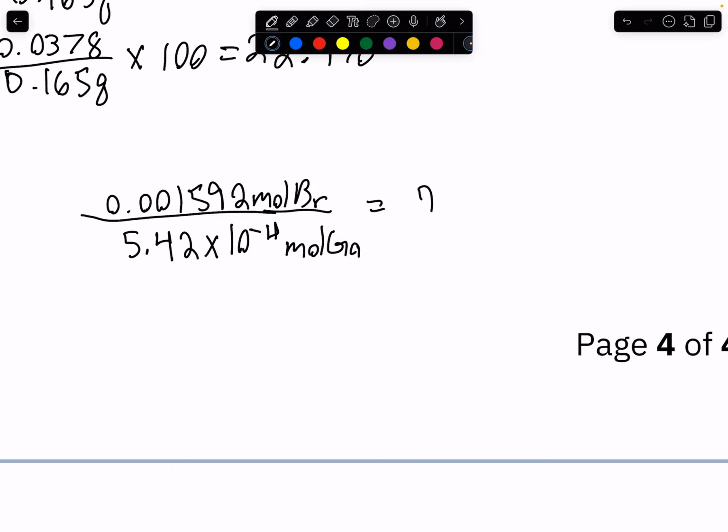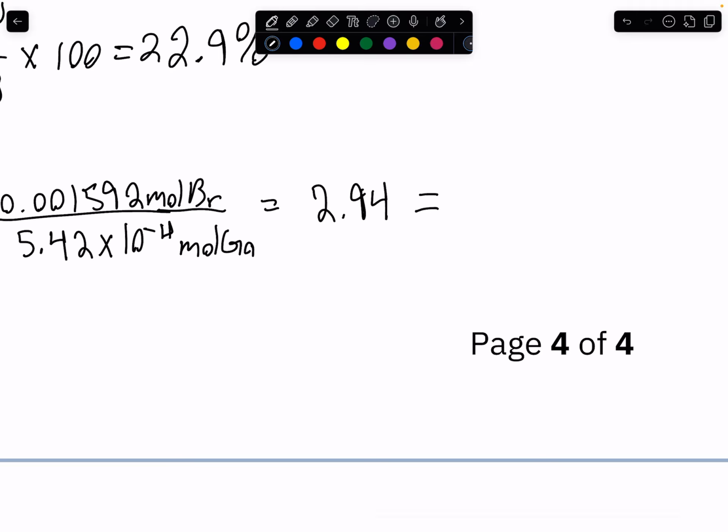And that should equal approximately 2.94, which means that ratio is supposed to be 3.